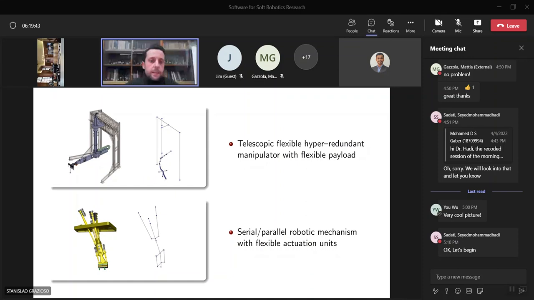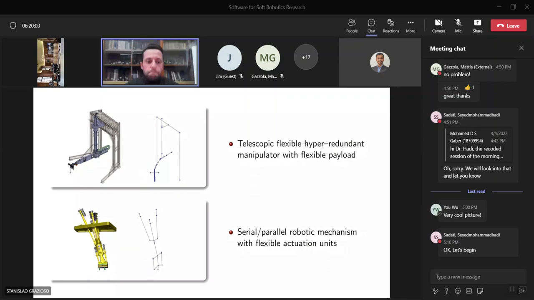In this case, we have modeled the system as rigid bodies with a flexible payload, which was designed to study the effect of flexibility within remote manipulators during remote maintenance operations.